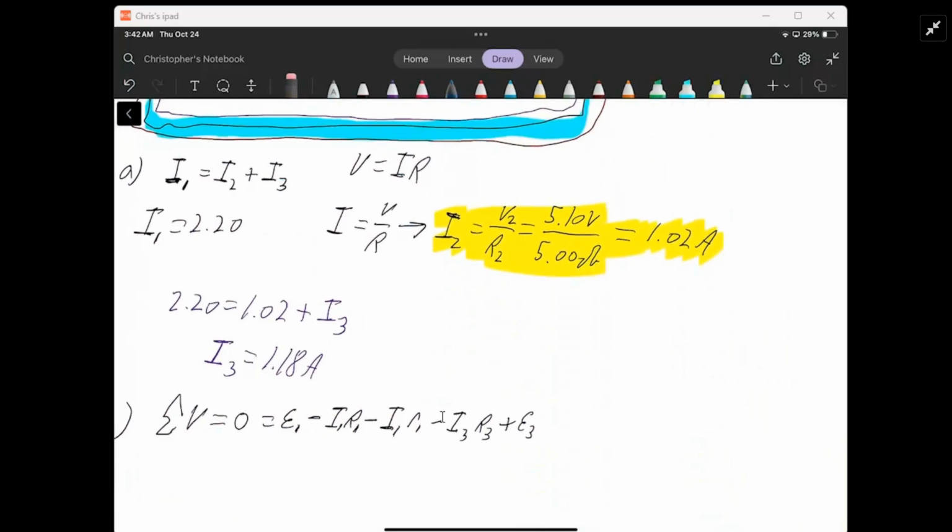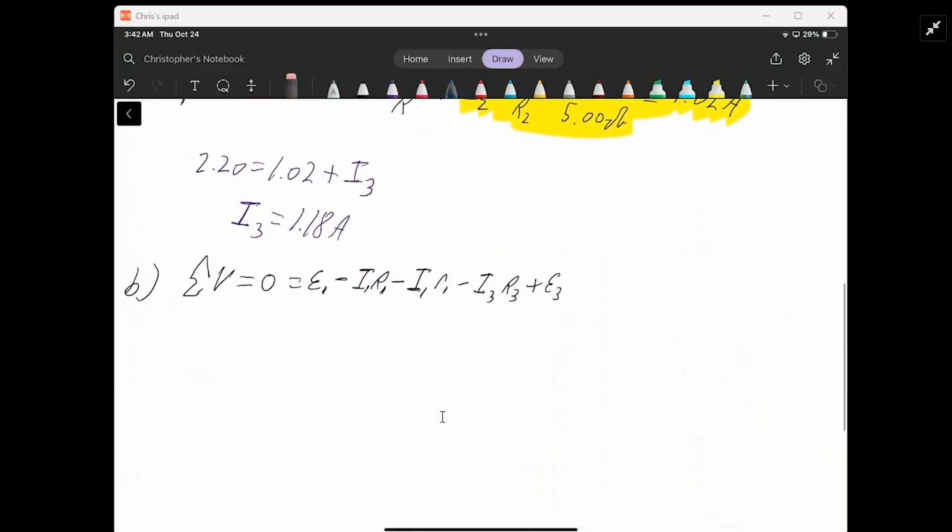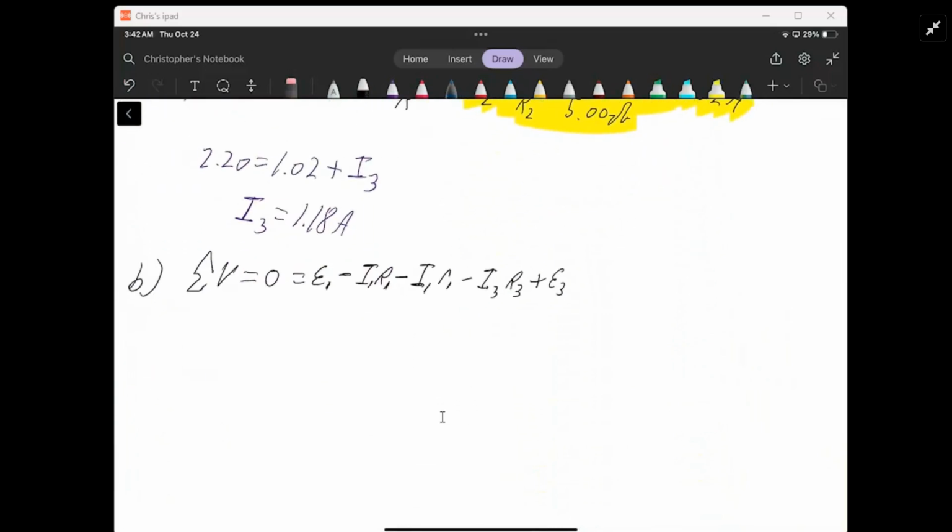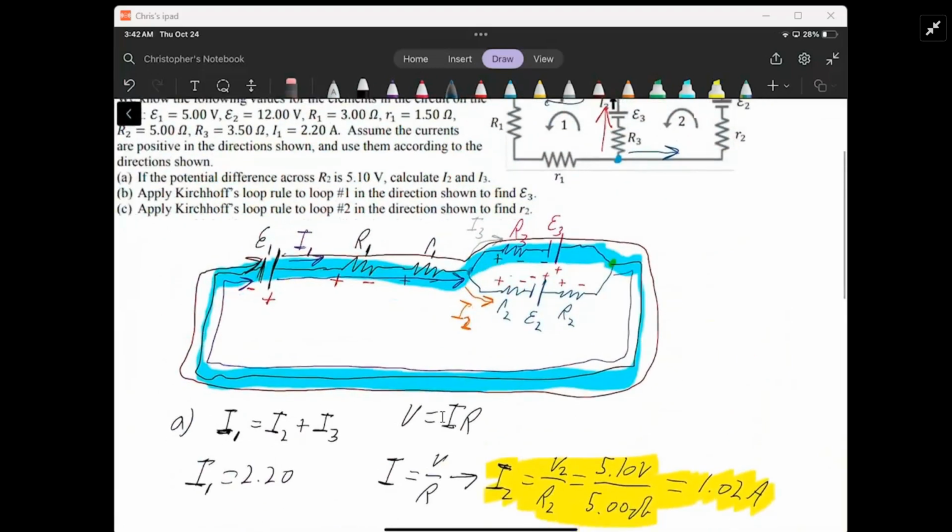So from here, let's plug in the values. We're going to have 0 equals 5 minus 2.20 multiplied by 3 subtracted by 2.20 multiplied by 1.5 subtracted by 1.18 multiplied by 3.5 plus E3, because we're looking for E3, right?